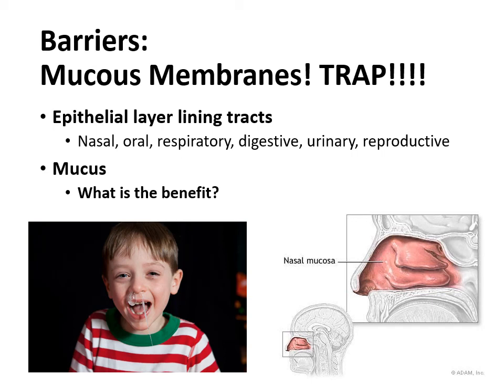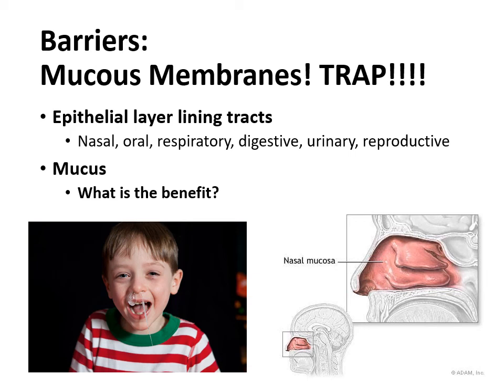It's sticky like honey. That's beneficial because it traps microbes. It also, by lining these tracts, helps prevent drying out of those tracts as well. Kind of like we said, the skin helps protect you from drying out. Your mucus further helps prevent drying.